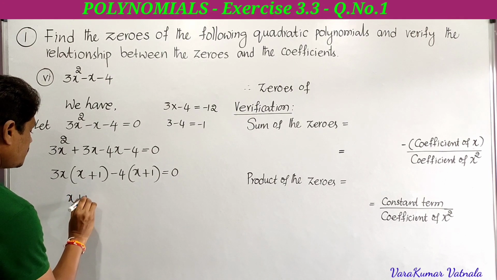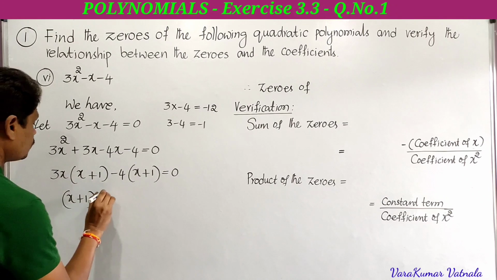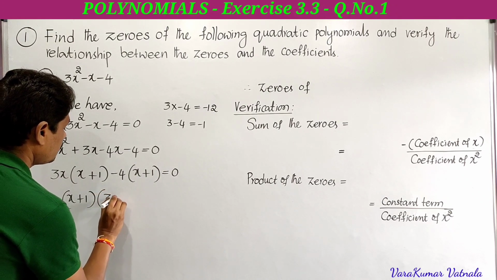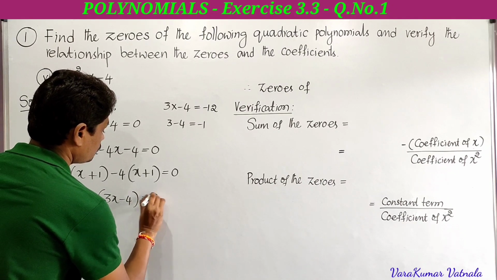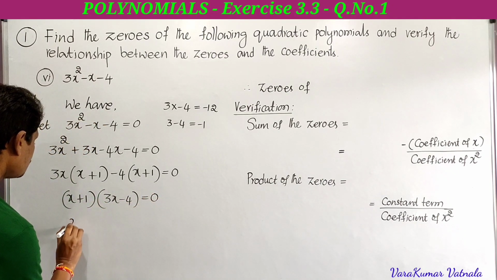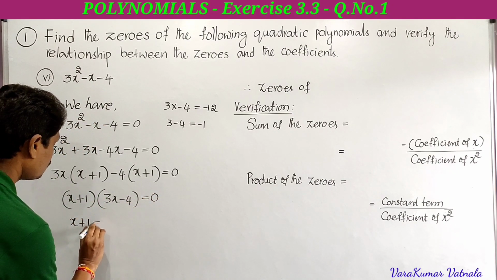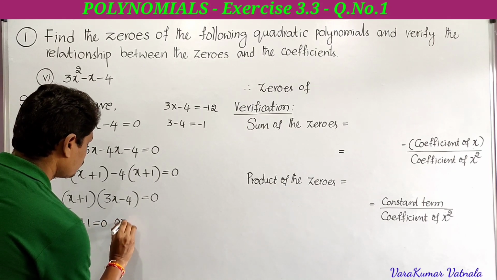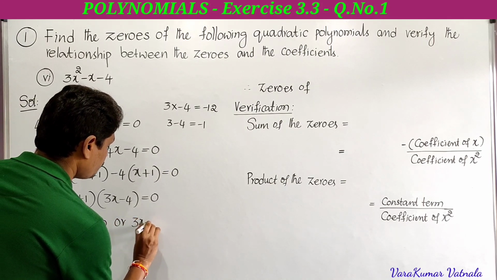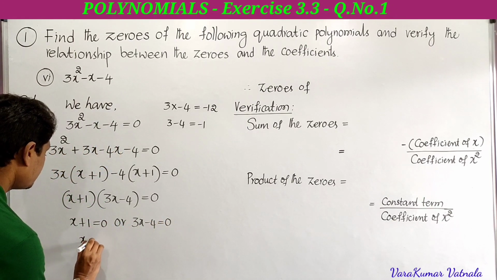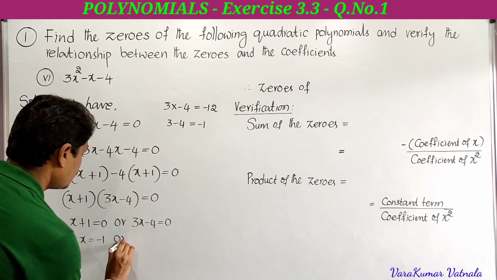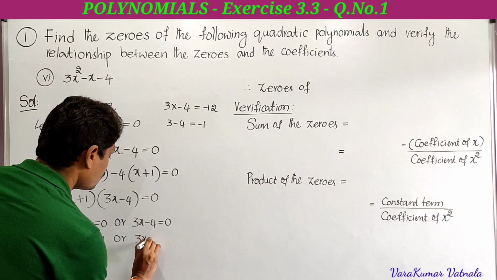So write x plus 1 into, here 3x will be, here minus 4 is there. 3x minus 4 equals 0. So either x plus 1 is equal to 0 or 3x minus 4 equals 0. So here x is equal to minus 1 or here 3x equal to 4.